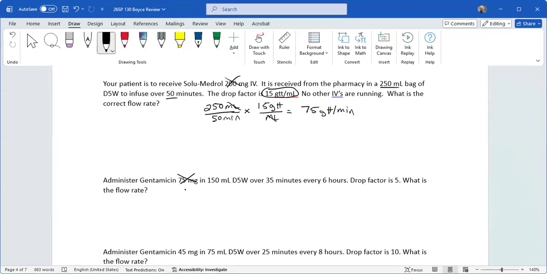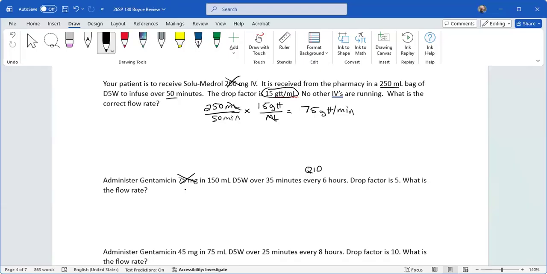But if I had written out QID, 4 times a day, I think that's right, it's been a while since I've done that, you wouldn't have done anything with that. You would have been like, oh, okay.